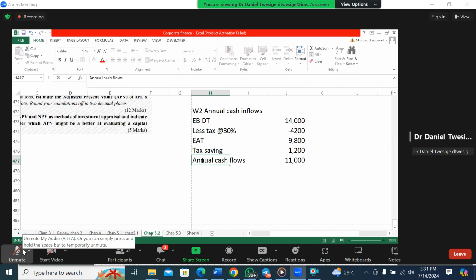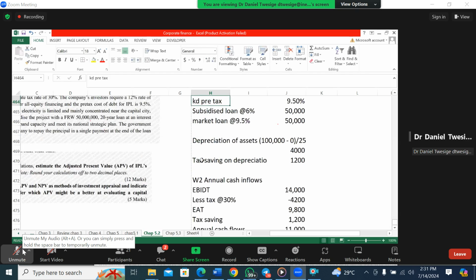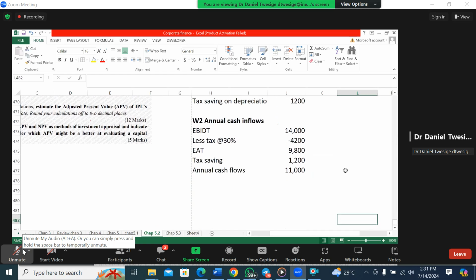Now, remember, what is working number 1, lecturer? Working number 1, we have calculated this tax allowable depreciation. Remember, these cash flows are annual every year, up to 25.